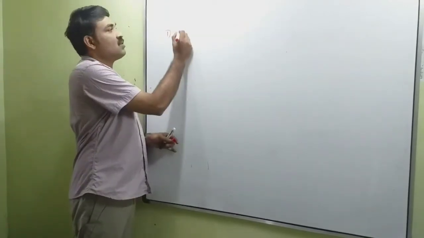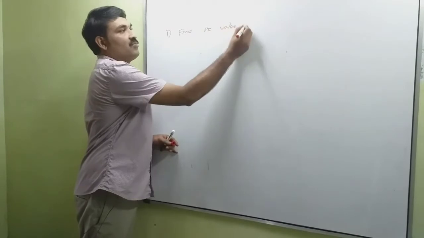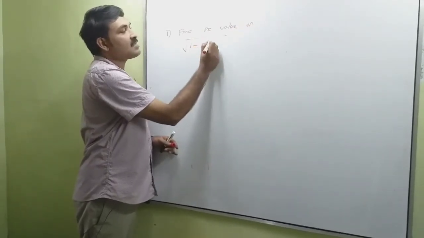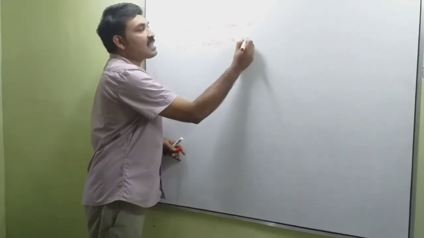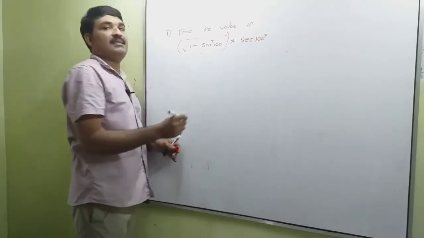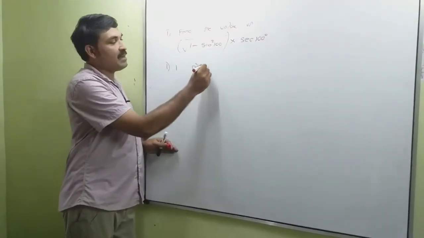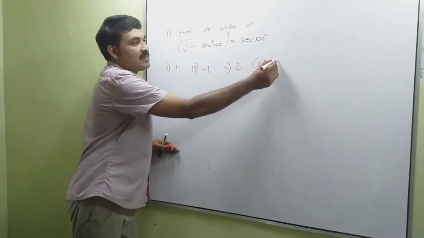This question is find the value of square root of 1 minus sine square 100 degree, this into secant of 100 degree. Okay, and choices are given. A is 1, B is minus 1, C is 2 and D is 0.